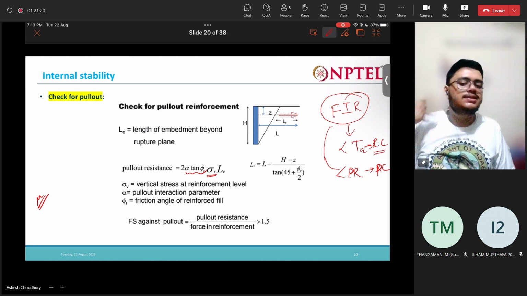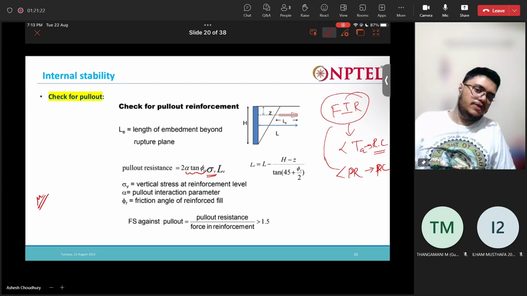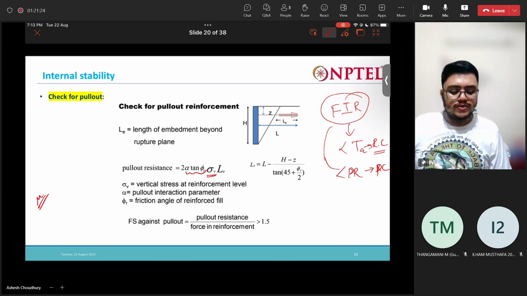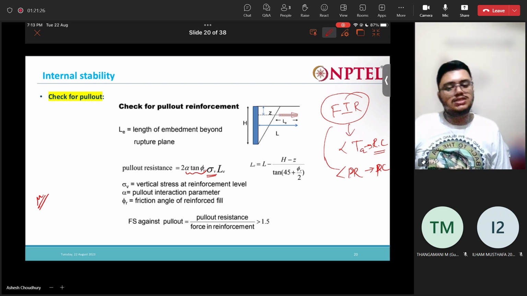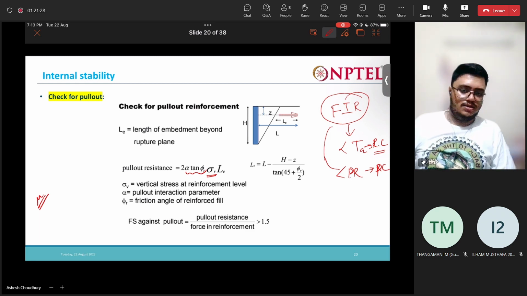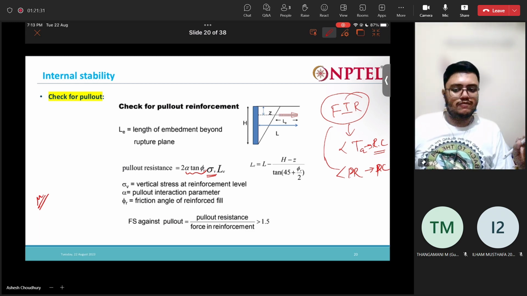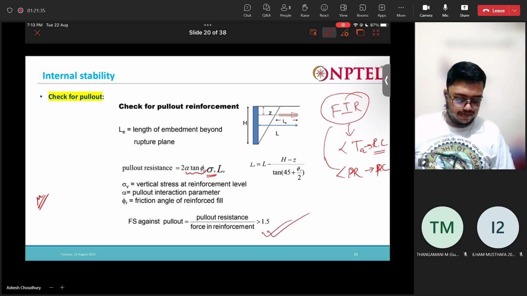If the load is greater than this pull out resistance, what will happen? It will just slide out. The reinforcement will slide out. So this resistance should be higher than the load coming to the reinforcement, so this factor of safety should be greater than 1.5.